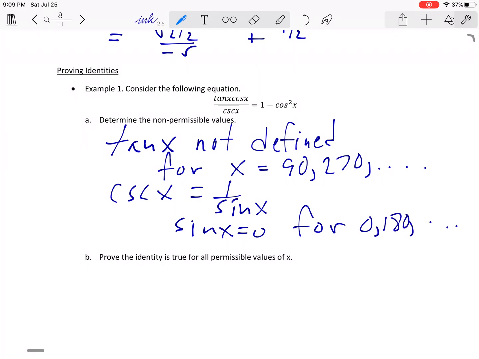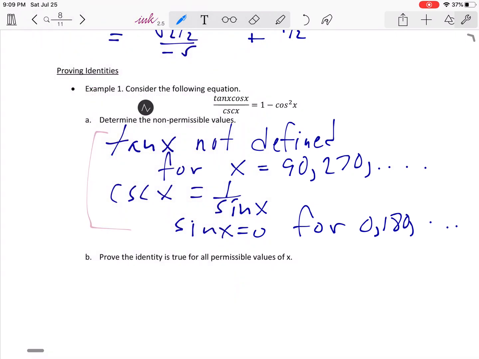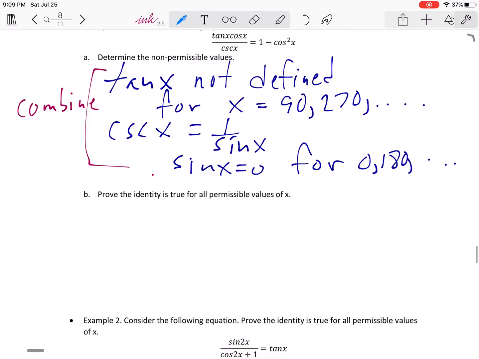Okay, so now you combine these two. And so your non-permissible values are going to be equal to multiples of 90 degrees. Okay, and if you wanted to put that into radians, you could put that as n pi over 2.